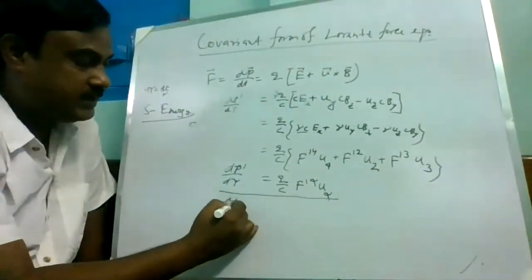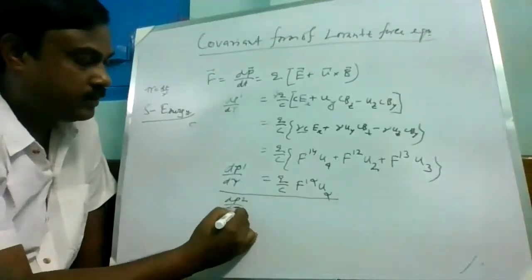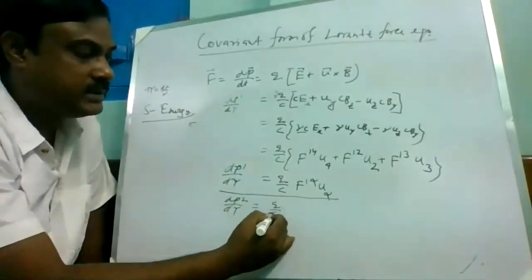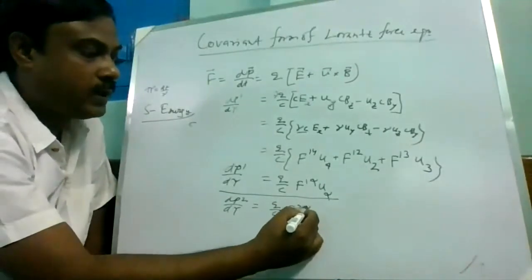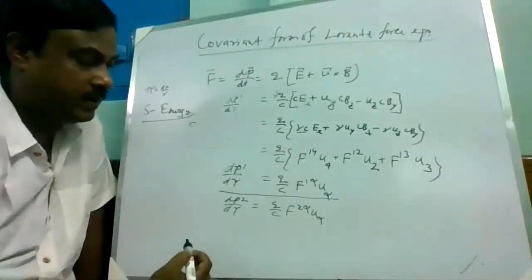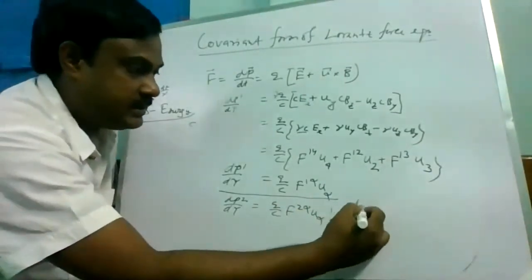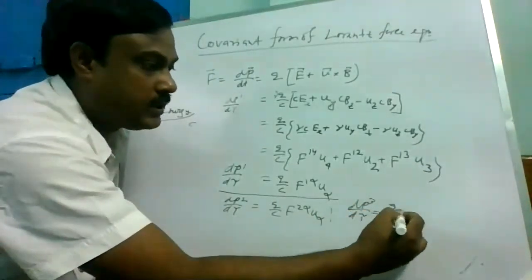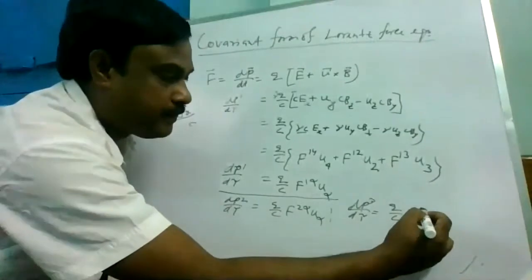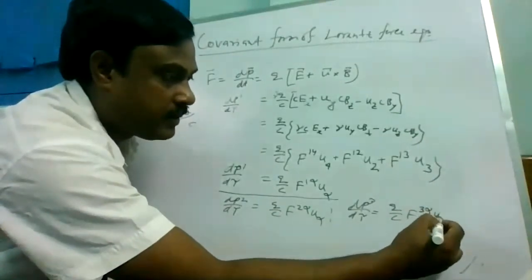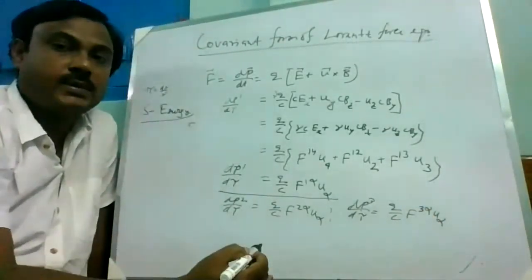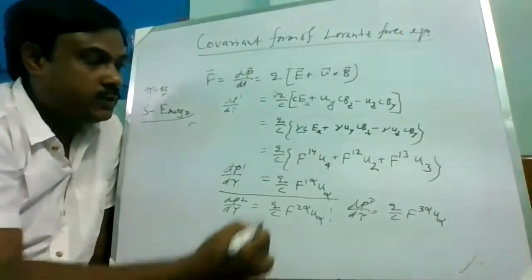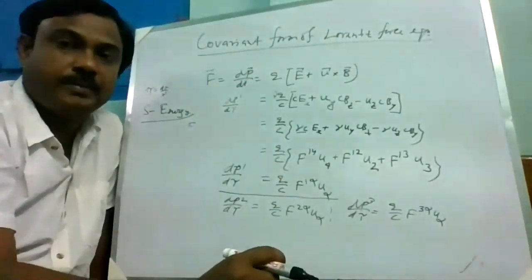Now you can easily write out the other terms. dp2 d tau will be equal to q by c f2 alpha u alpha, and dp3 by d tau will be equal to q by c f3 alpha u alpha, right? So 1, 2, 3 is complete.